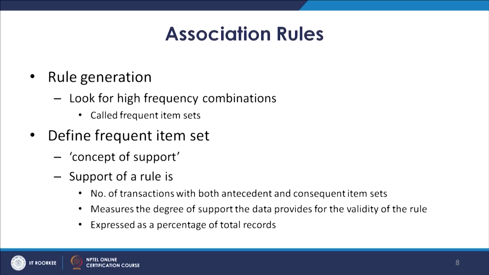Typically, the support of a rule is expressed as a percentage of total records. For example, in the previous example we discussed, if red and white then green, suppose there are 4 transactions in the database where both the antecedent and consequent item sets are present, out of a total of 10 transactions.